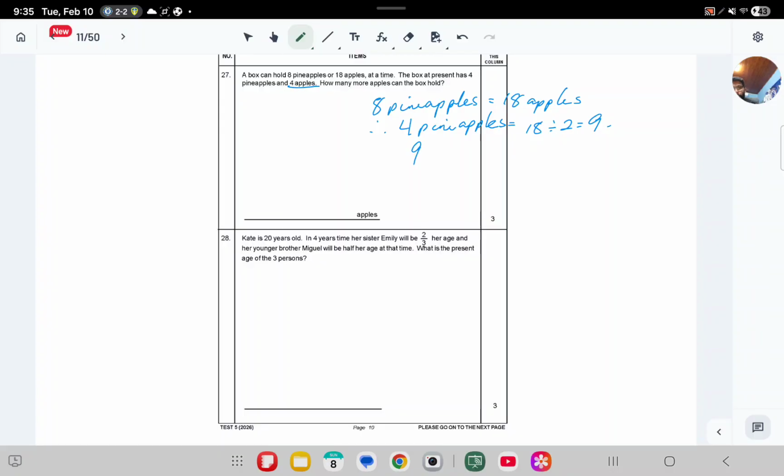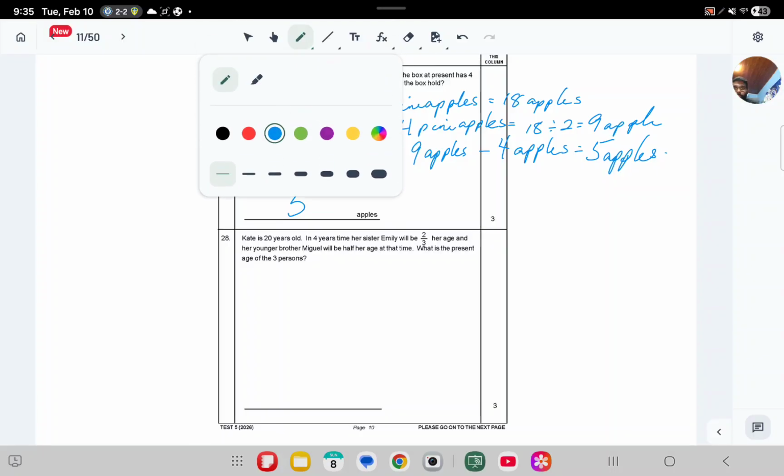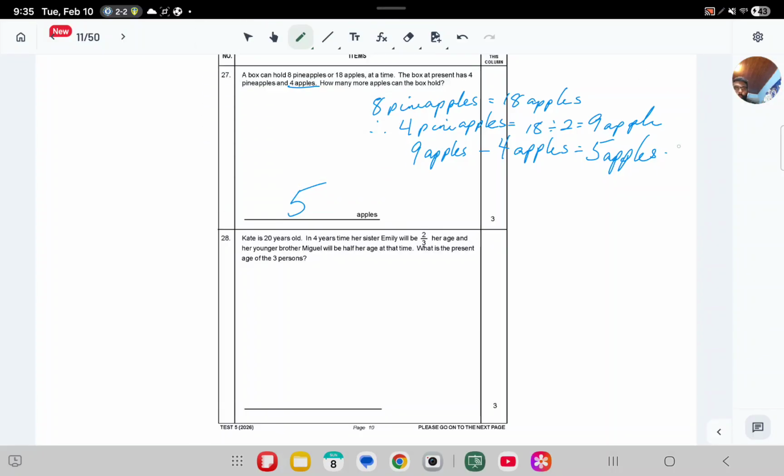So how many more apples it could hold will be the 9 apples take away the 4 apples it has at present, and that will leave us with 5 apples. 3 marks, 1 for making the concept here.